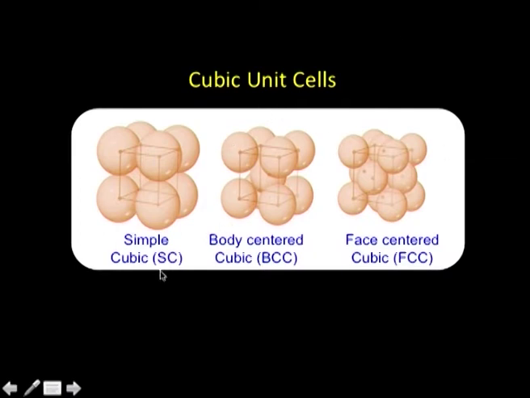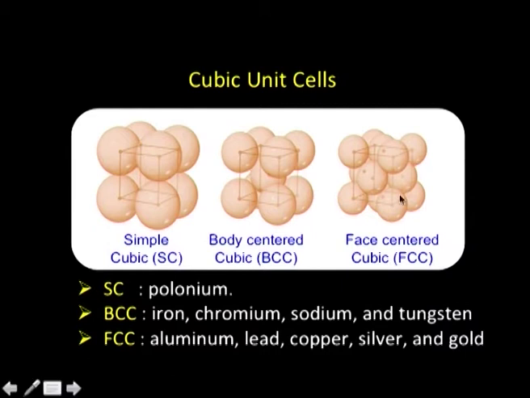One is simple cubic, one is BCC, one is FCC. And since we are talking in the context of metallic solids, polonium is the one which crystallizes in the simple cubic structure. Iron, chromium, sodium and tungsten adopt BCC structures. Aluminium, lead, copper, silver and gold take up FCC structures. So, that is as regards our metallic solids.